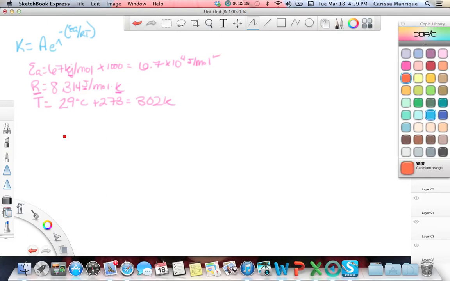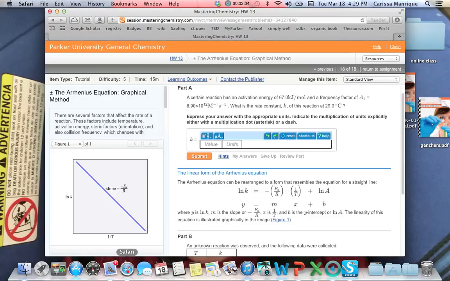K equals A, e raised to the... Hold on. Let's plug everything in. So A, I don't think I wrote down A. Let's go see what A was. 8.9 times 10 to the 12th.